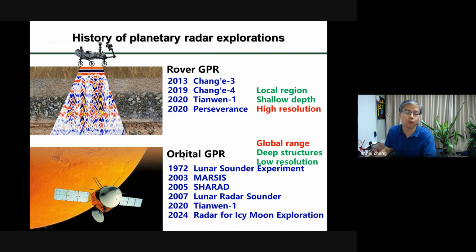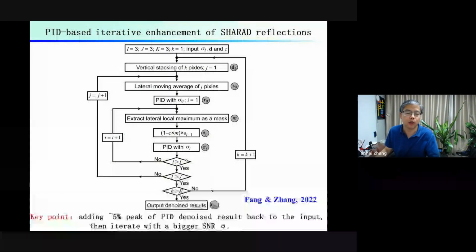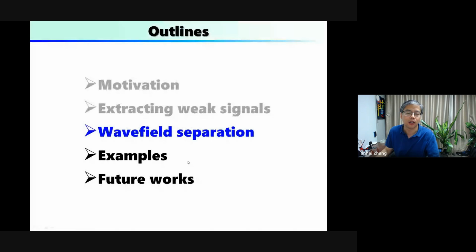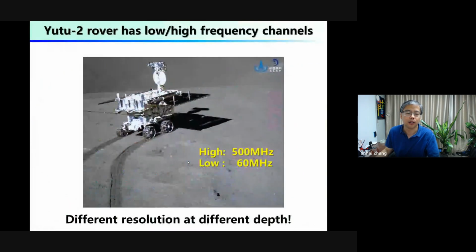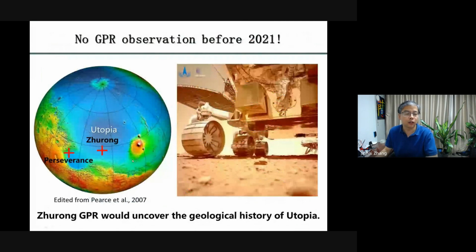Also from the Zhurong rover, as mentioned, here the InSight is here, and the Zhurong is here. We have explored Mars and shared the GPR data, but we can't see clear reflections above the 100-meter depth. So that means no clear visible reflectors.